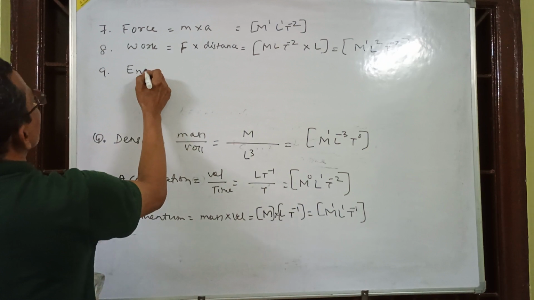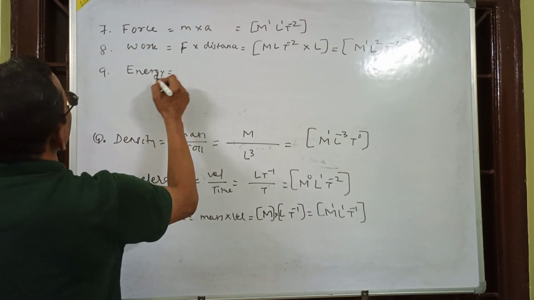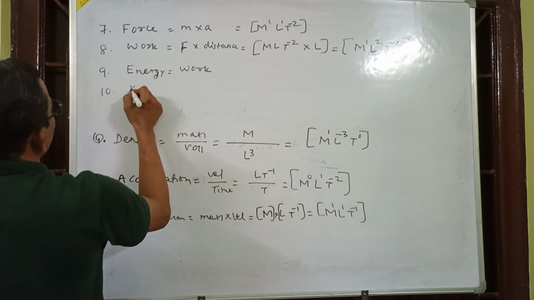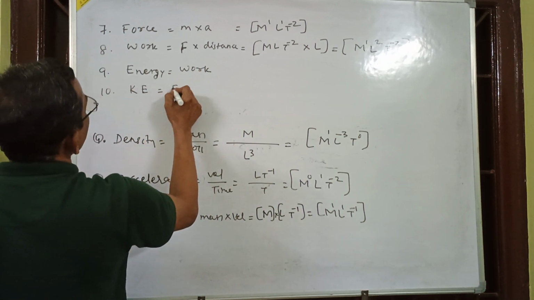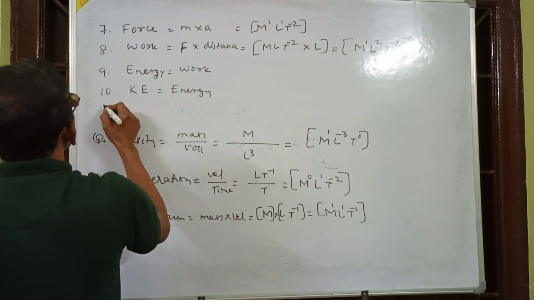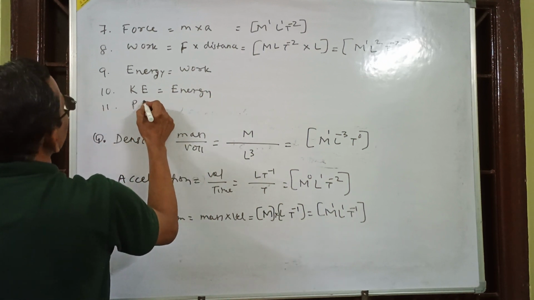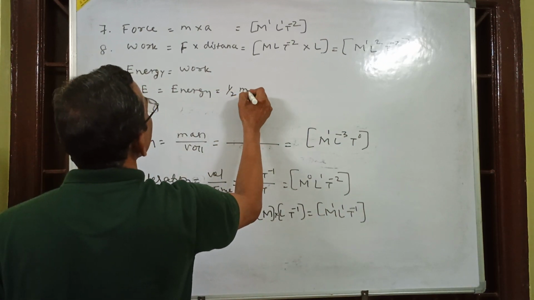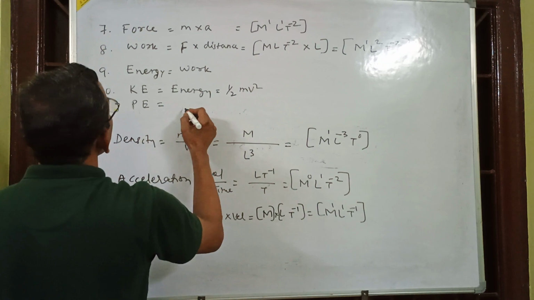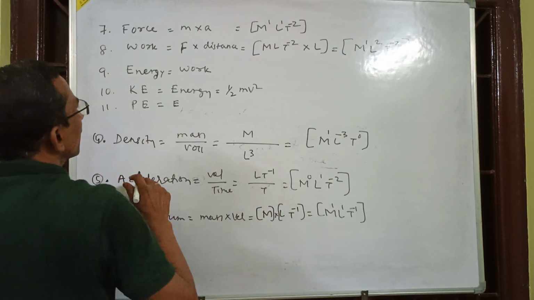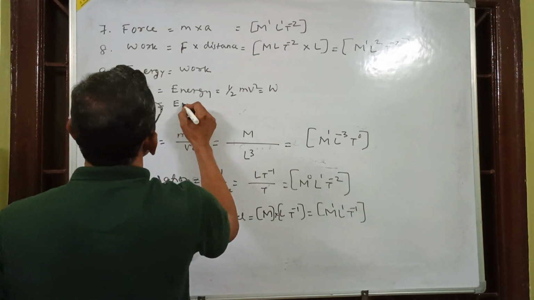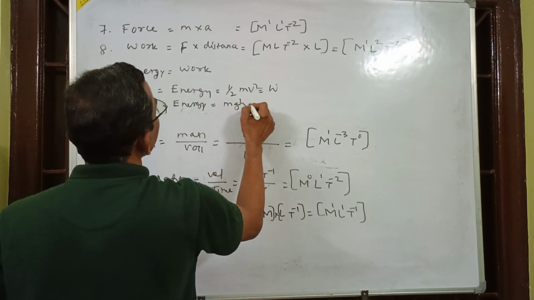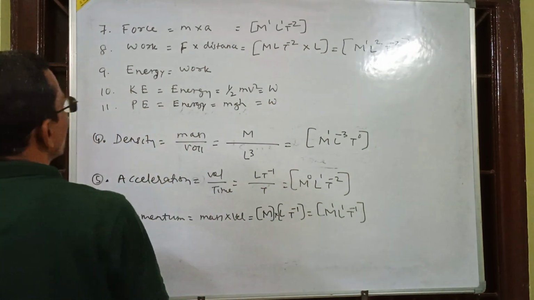Energy is same as what? Kinetic energy is also energy, potential energy also. Kinetic energy is half mv square, potential energy is mgh, the same energy or work.